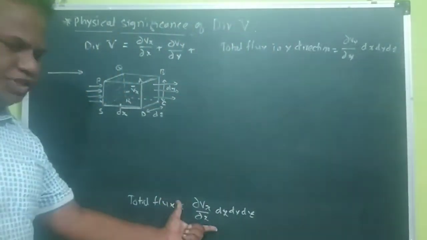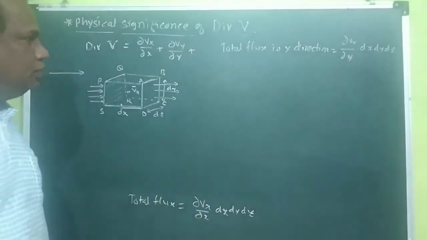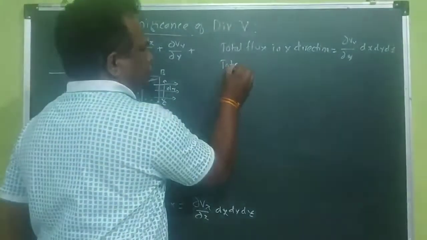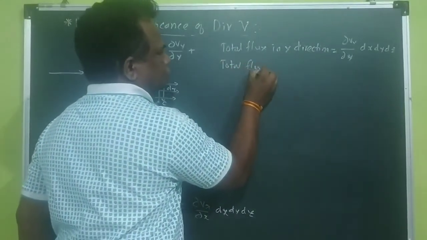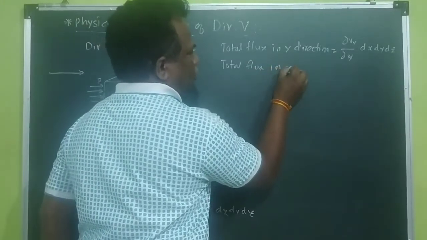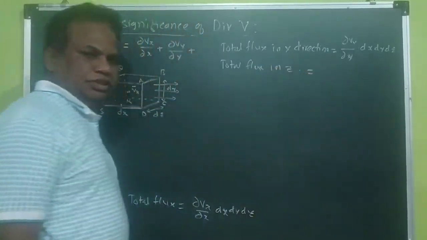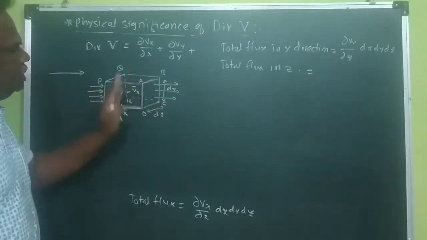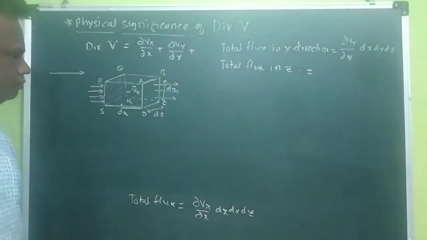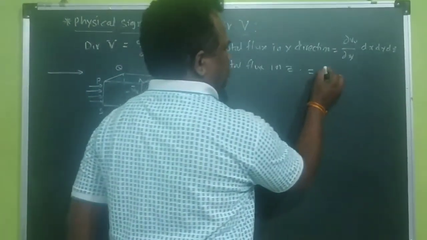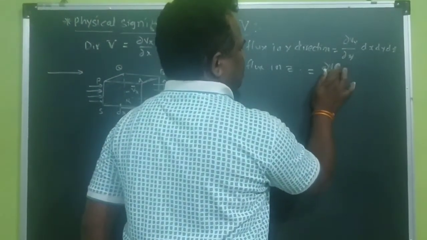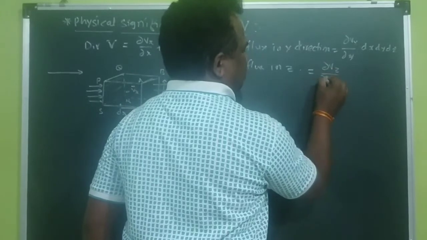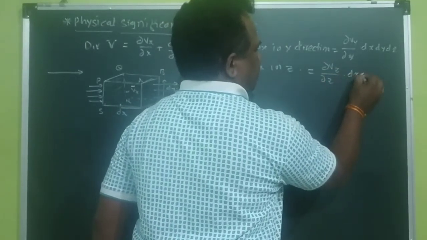It is the same equation but the direction changes. Similarly, total flux in z direction, how much? You can write in the z direction, that is this direction. It gives rise to ∂Vz/∂z into dx dy dz.